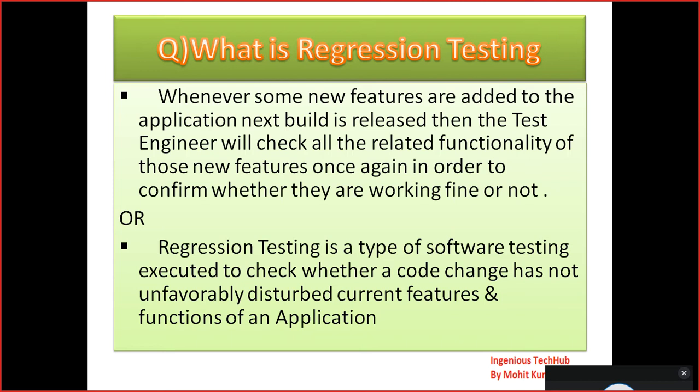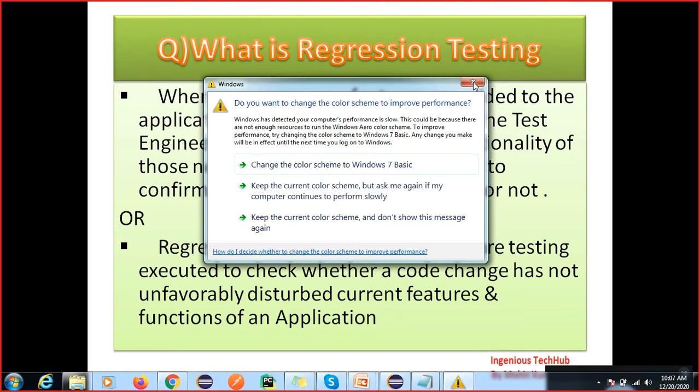Instead of full functional testing, we will do regression testing. Regression testing means you have to test that new functionality does not impact the old functionality, for example, the features the developer added to the login when you are going to log in.